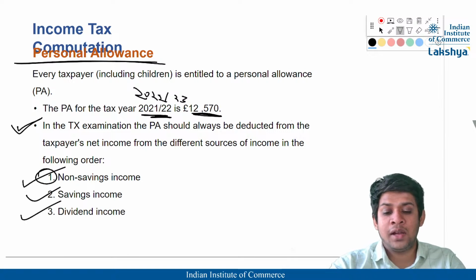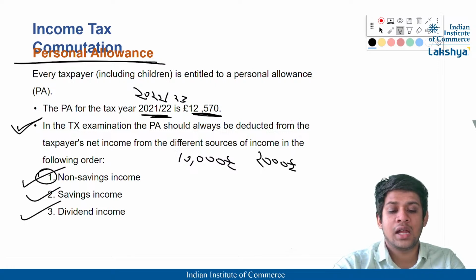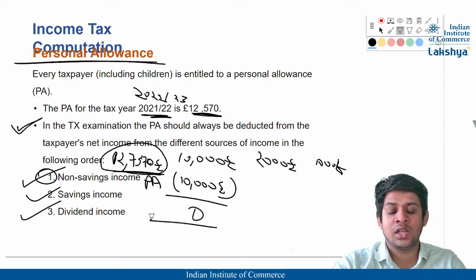So maybe say that my non-savings income is 10,000 pounds, my savings income is 2,000 pounds, and my dividend income is 1,000 pounds. First, my total personal allowance that I can use is 12,570 pounds. Firstly, I'll use it against my non-savings income to reduce it to zero.